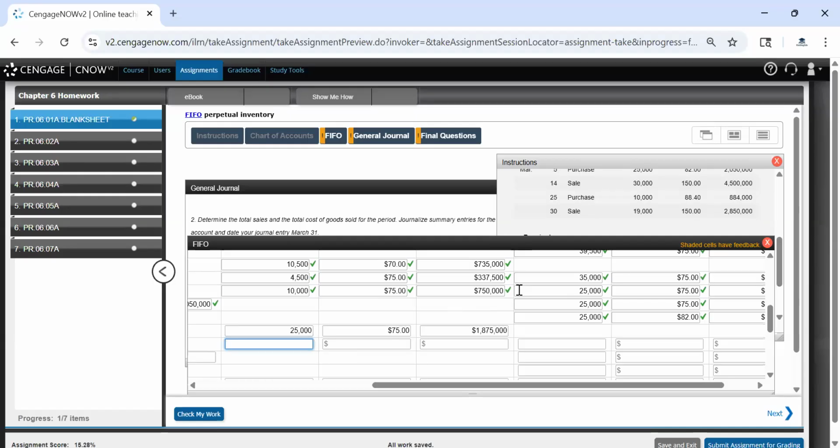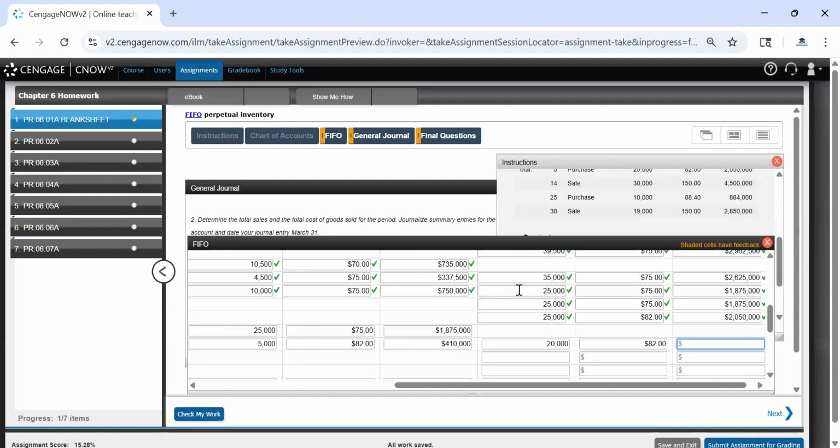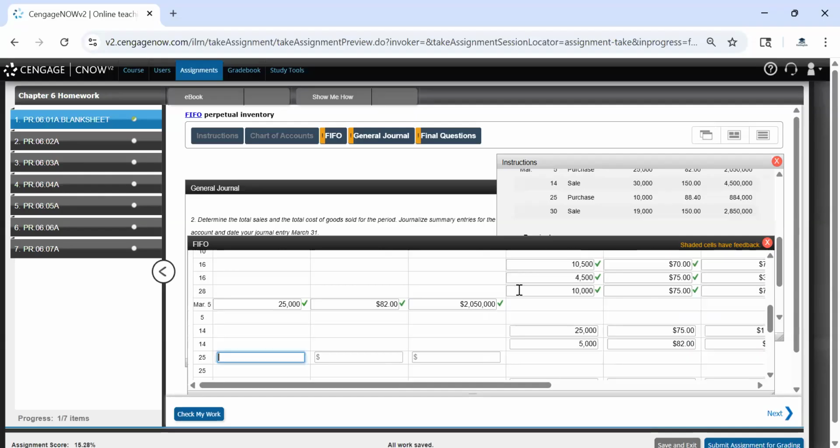And then we're going to sell 5,000 units of the $82 inventory. And that comes out to $410,000. And what we have remaining is 20,000 units of $82 inventory. And that comes out to $1,640,000. That's a historical cost that we assign.